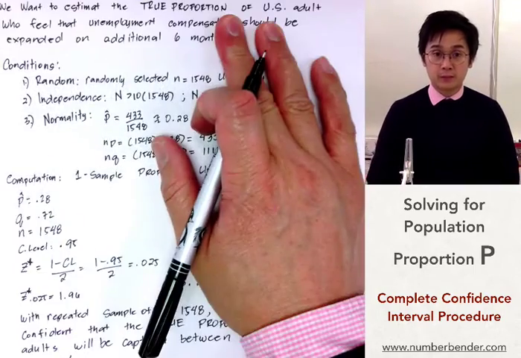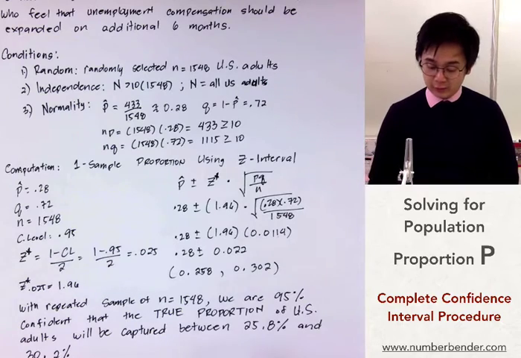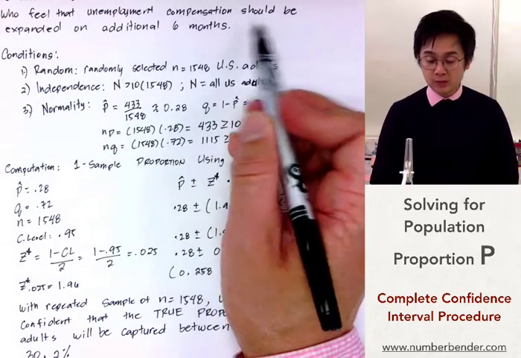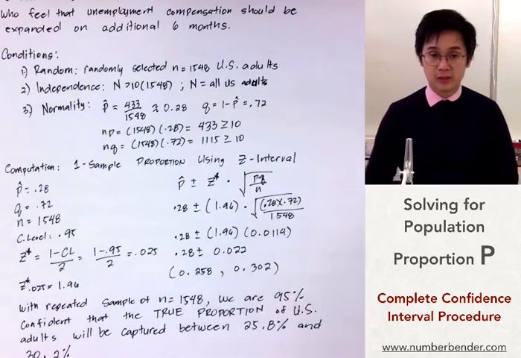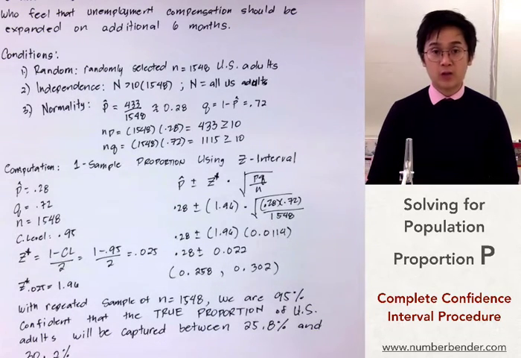Using the parameter of interest, we don't need to write out that we're referring to the U.S. adults who feel that unemployment compensation should be extended an additional 6 months, since we have established it already. And this is how we construct the complete work for our confidence interval for population proportion.